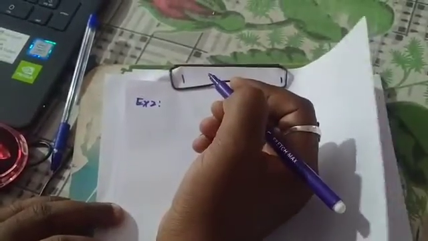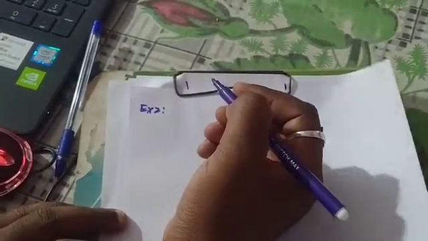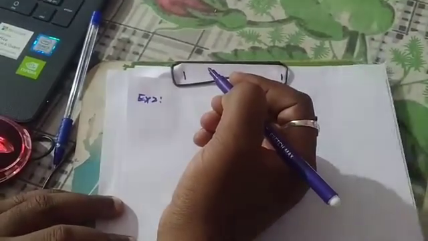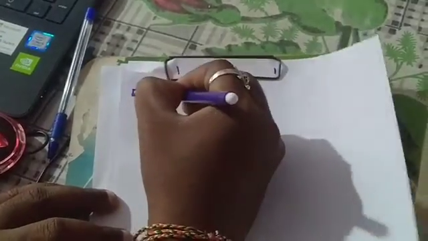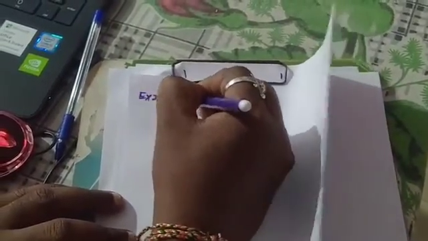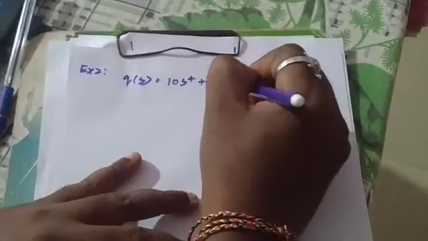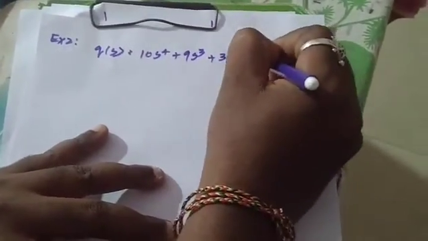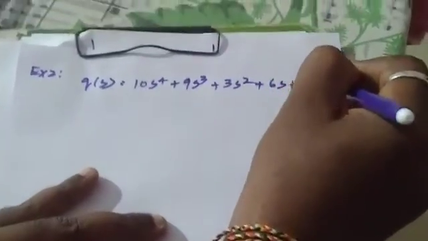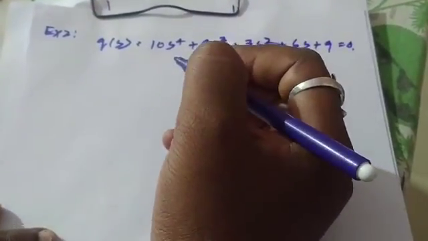Now I will take another example of Routh-Hurwitz criteria, that is the second example. With the help of Routh-Hurwitz criteria, comment on the stability of the system having the following characteristic equation. This characteristic equation is given as Q(s) = 10s^4 + 9s^3 + 3s^2 + 6s + 9 = 0.